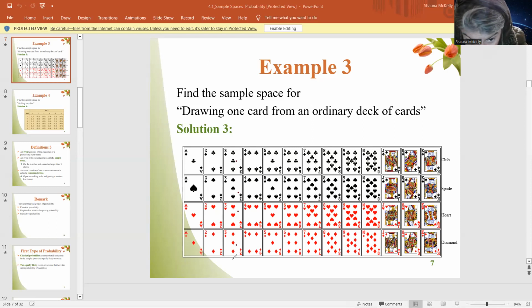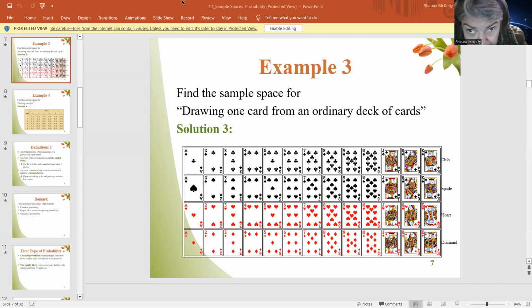There are 4 3s because there's 1 in each suit, right? So there's 4 3s, and there's 1, 2, 3, 4 8s, right? So it would be 4 out of 52 plus another 4 out of 52, different group, but still the same thing.